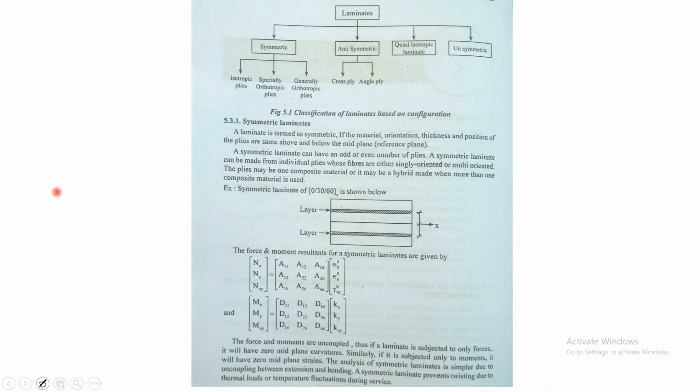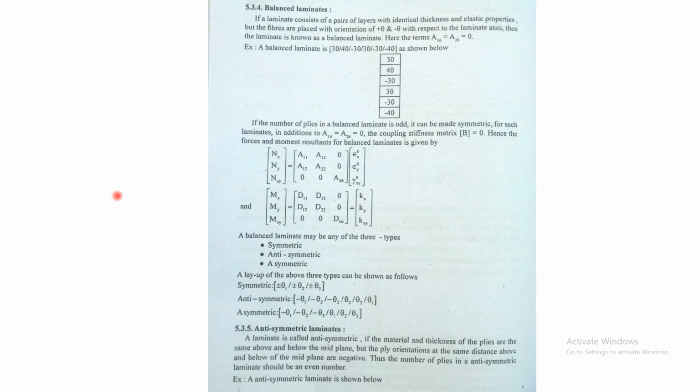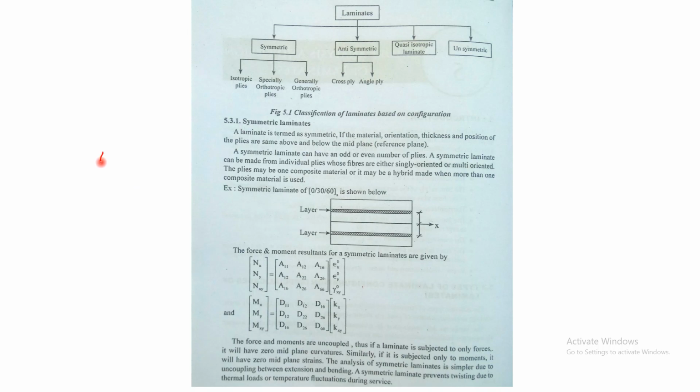So the example is 0, 30, 60 degrees. If you want to write that, first is 0, next is 30, after that 60, after that again 60, after that 30, then it is 0.